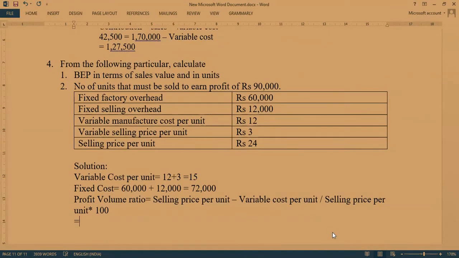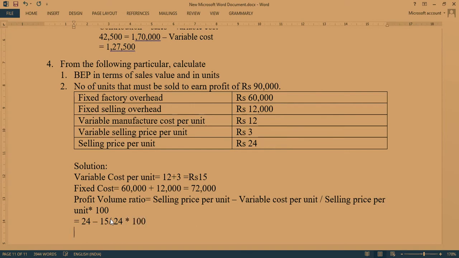With the help of the available information we are finding the solution. The selling price per unit is already given in the question as 24. 24 minus the variable cost per unit, which we got earlier, rupees 15. We're getting 15, all divided by the selling price, rupees 24, into 100.